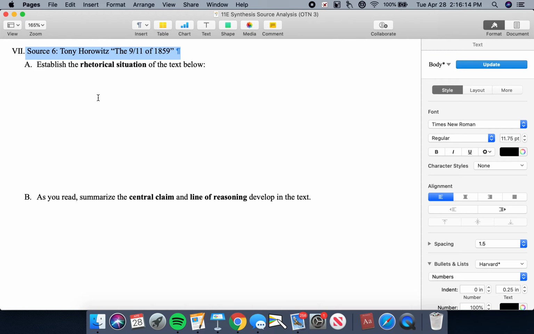Now Tony Horowitz is writing this document to compare the actions of John Brown to the actions of the radical Islamic terrorists working for Osama bin Laden in correspondence with the terror cell Al Qaeda in order to basically terrorize American society and Western society as a whole, to try and initiate some kind of holy war between the Islamic jihadists and the rest of the wicked world that they believe needs to be destroyed and overcome to establish a kind of caliphate, a kind of righteous rule of the world that will initiate the end times, the coming good rule of the rightly guided caliph.